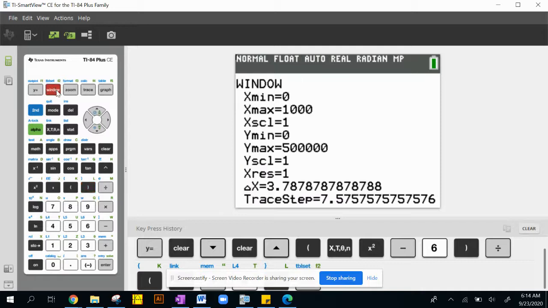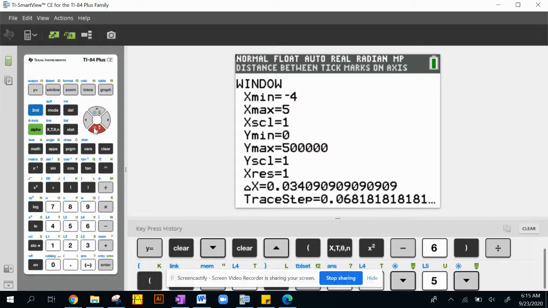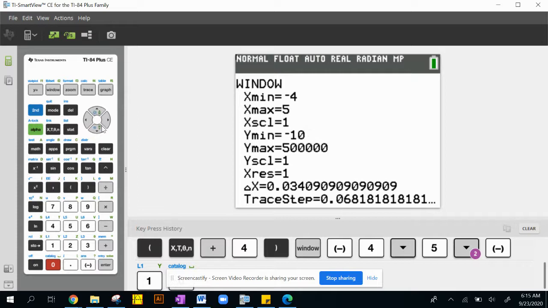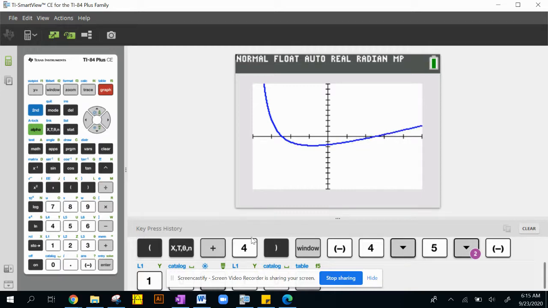So I'm going to change my window to give us a little space, between -4 and 5. I don't think I'm going to need up to 500,000 like I have here, so I'll just go back to -10 and 10. We only need to see zeros, so that should be good. Perfect. So I can even just approximate these, right? I see that this is -1, -2, maybe -2.5, and then same thing over here.